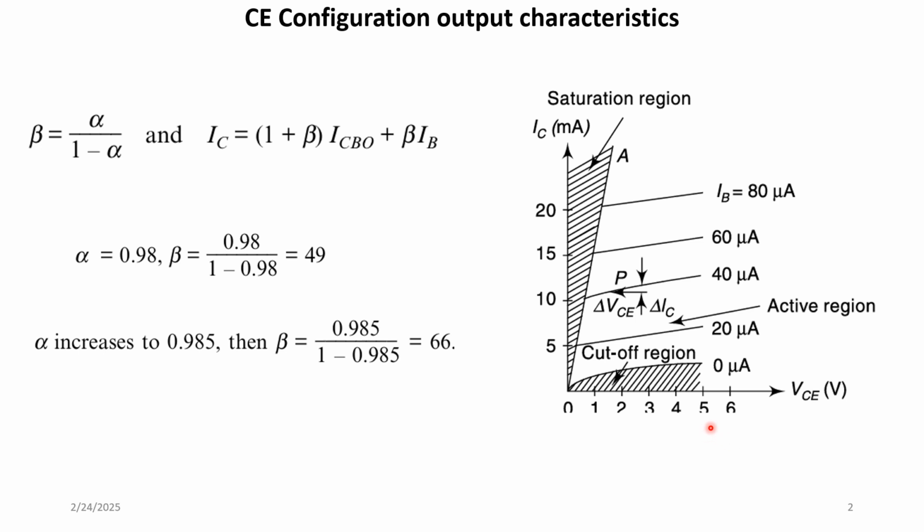Saturation, the hatched region: both junctions are forward biased, that is the emitter base junction as well as the collector base junction. An increase in IB value does not cause a correspondingly large current.